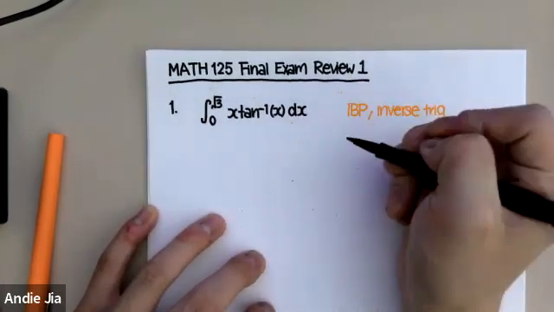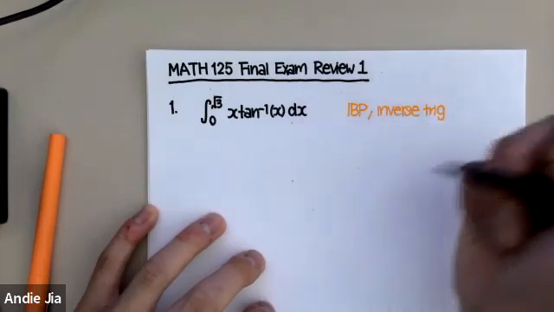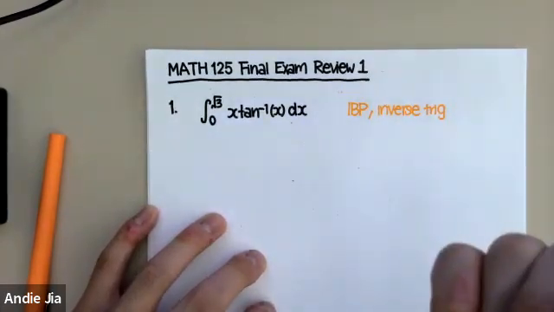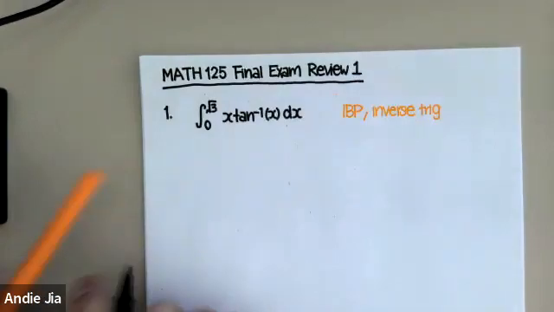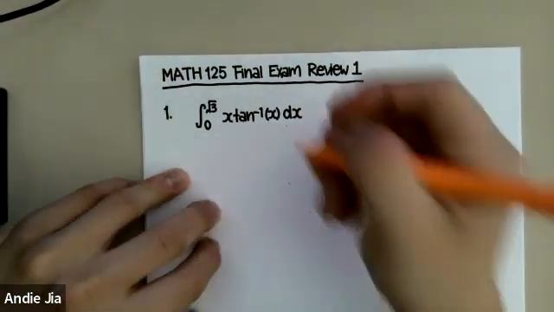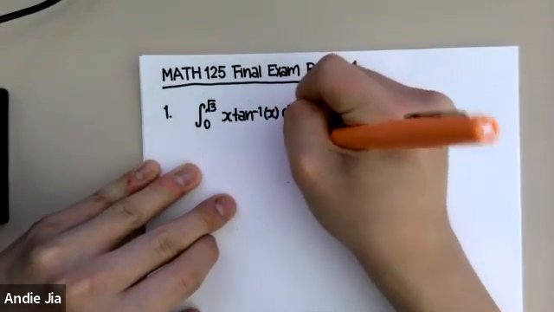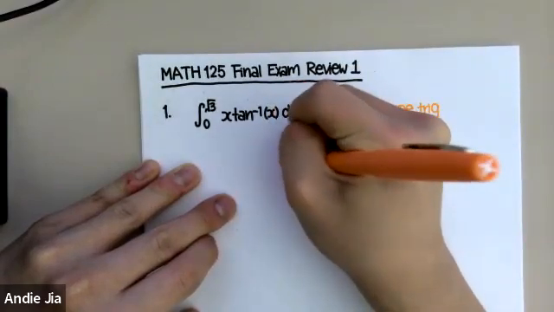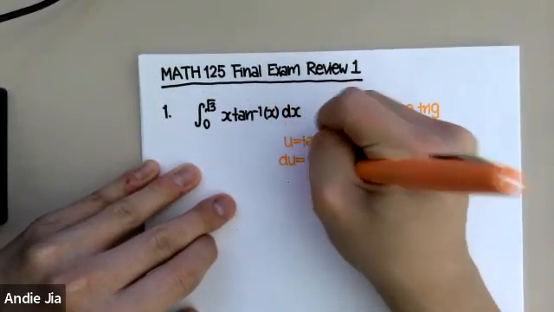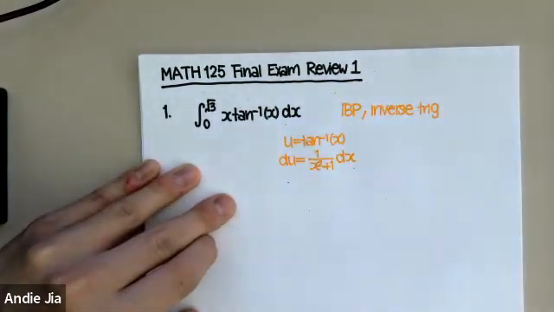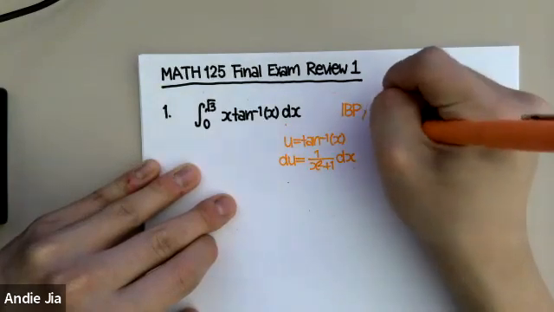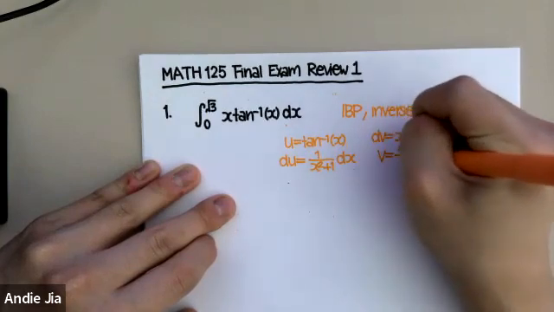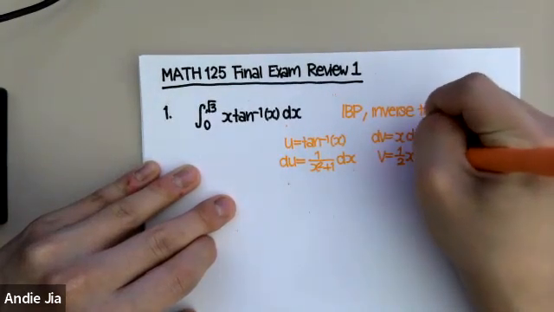Then we choose u equals inverse tangent, du is 1 over x squared plus 1 dx, dv is x dx, and v is 1/2 x squared. Then use u substitution if necessary, and partial fractions.